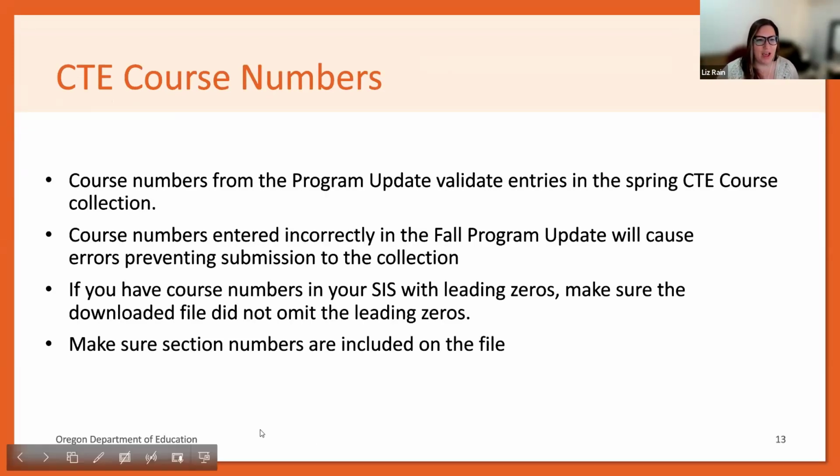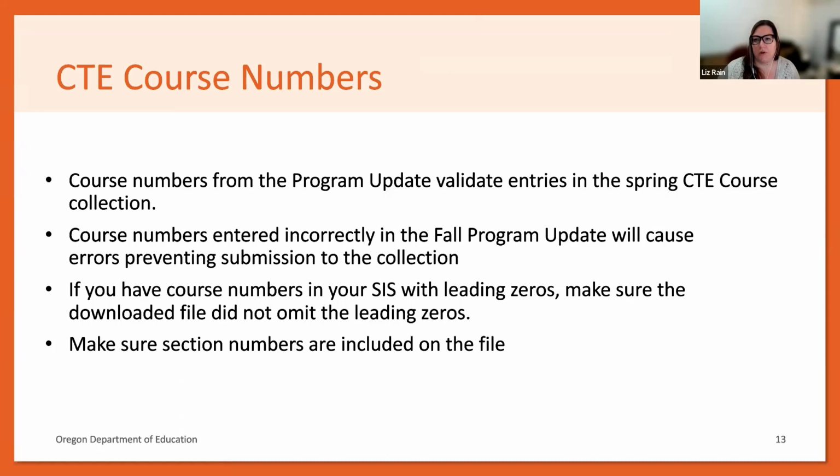And lastly, about course are the course numbers. Those are from the program update, and they validate entries in the spring. So when those are done in the fall, they have to match what is done in the spring. If course numbers are entered incorrectly in the fall, that will cause a bunch of errors.